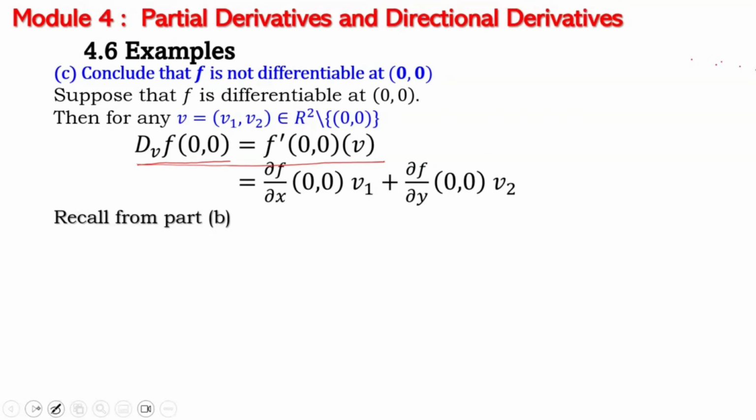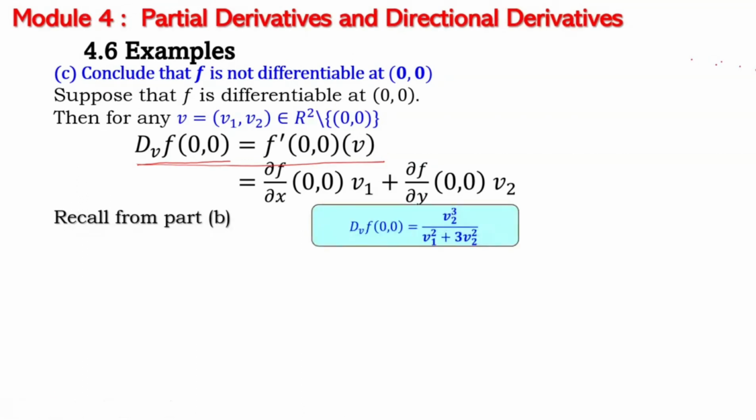Then from part B we have that the directional derivative of f at (0,0) is v2^3 v1^2 over (v1^2 + 3 v2^2), for v equal to (v1, v2). So if v is equal to e1 = (1,0), then this is equal to the partial derivative of f along the direction x, which is equal to D_e1 f(0,0).